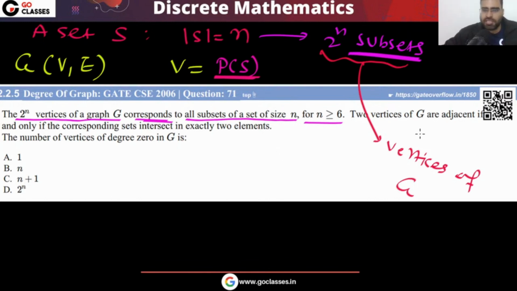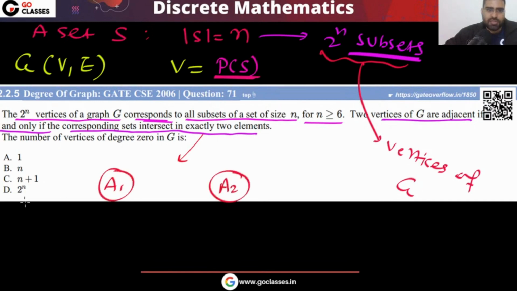Now what this question is saying, 2 vertices are adjacent if and only if the corresponding sets intersect in exactly 2 elements. So if you have this set A1 and this set A2, they will be adjacent if and only if the cardinality of A1 intersection A2 is equal to 2.